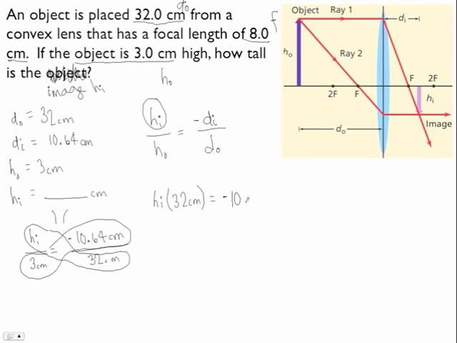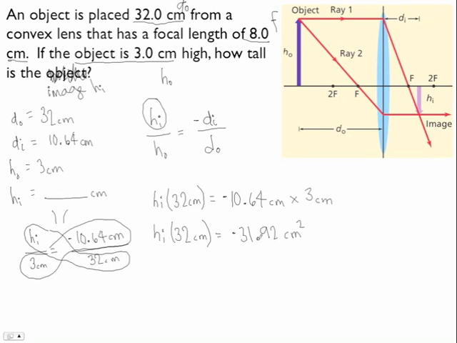And then I have negative 10.64 centimeters times 3 centimeters. And I'm going to multiply these two things. So I'm going to have negative 31.92 centimeters squared.